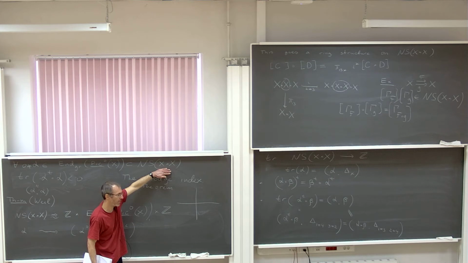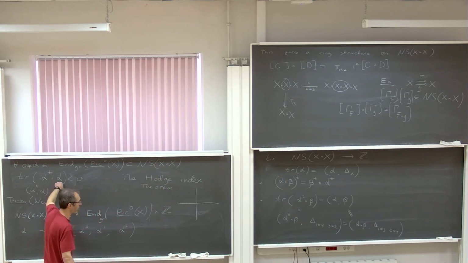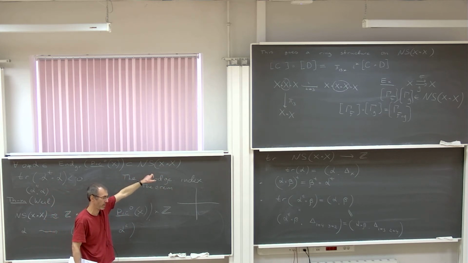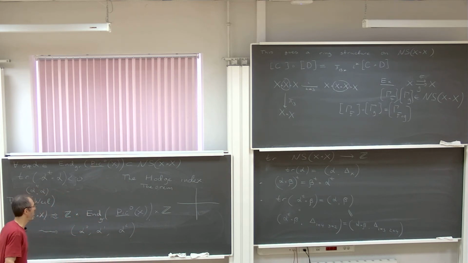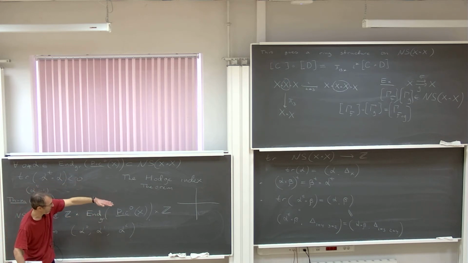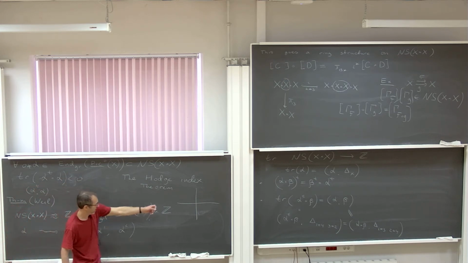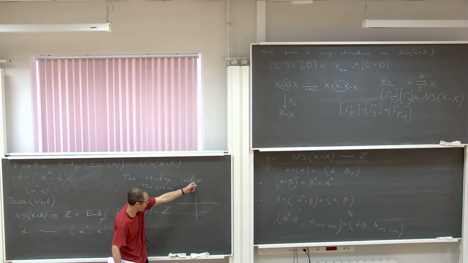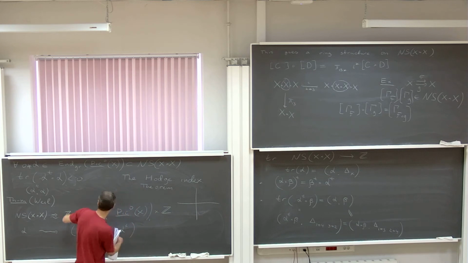Suppose you have any cycle alpha on your surface whose intersection with an ample divisor is 0. Then its self-intersection is negative. And that's a corollary of this fact. Because if alpha sits in this part of the Néron-Severi group, it means that its intersection with this line is 0, right? So how do we define this projection, alpha 0 and alpha 2?